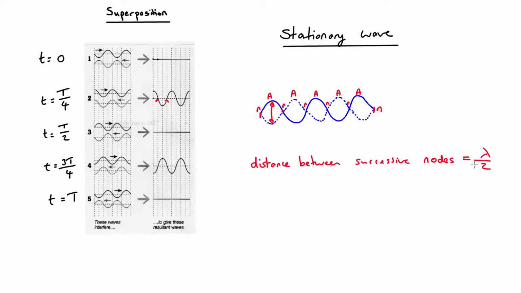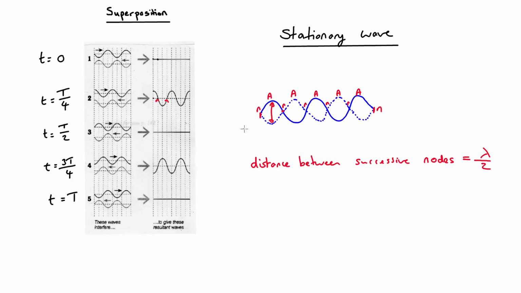Then if I double that, I would get the wavelength, because the average distance between successive nodes is equal to half a wavelength. So if I double the average node to node spacing in a stationary wave, I will determine the wavelength of the waves that have produced that stationary wave pattern.